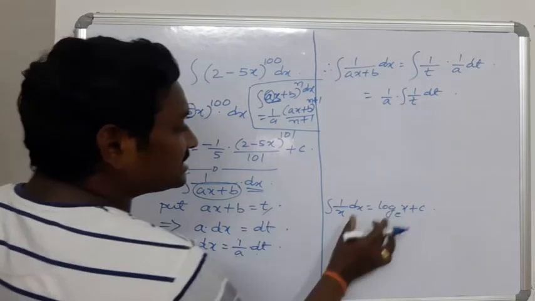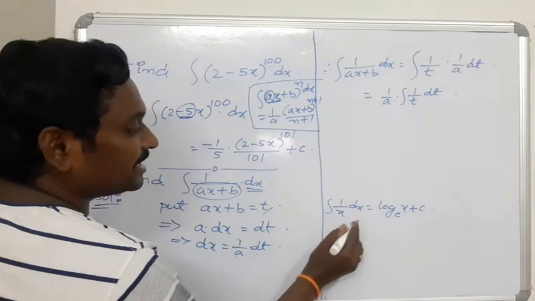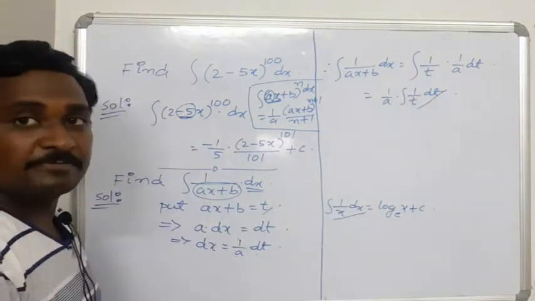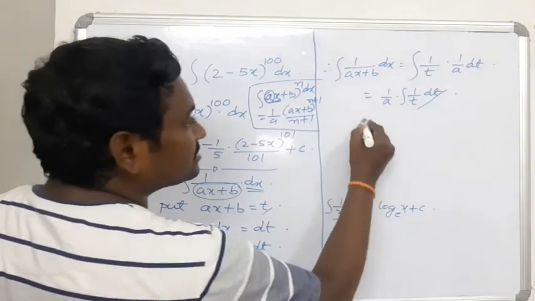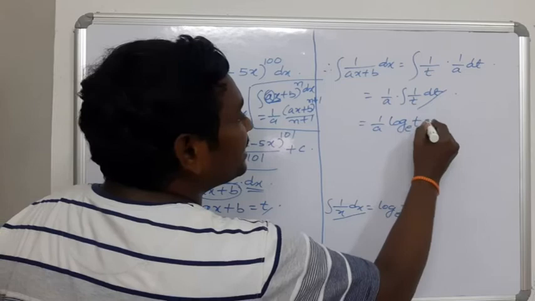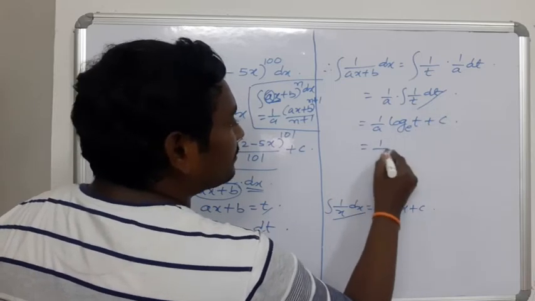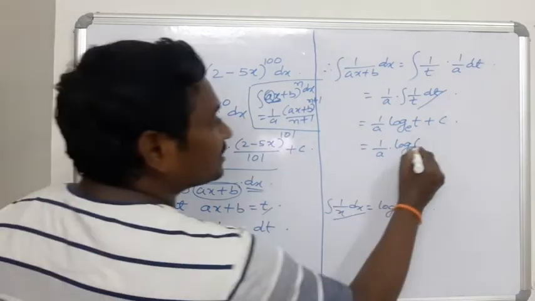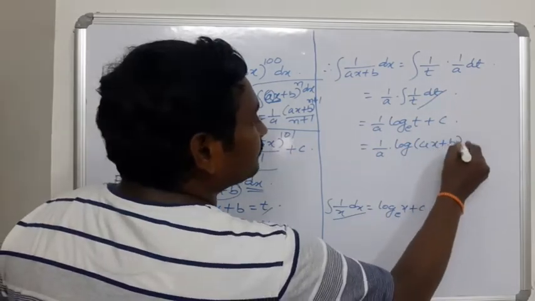What is 1 by t? It is in the form of 1 by x dx. Here integration is with respect to x, but here integration is with respect to t. Only that is the difference. So 1 by a into log t to the base e plus c. What is the t value? Ax plus b. So 1 by a into log of ax plus b plus c.